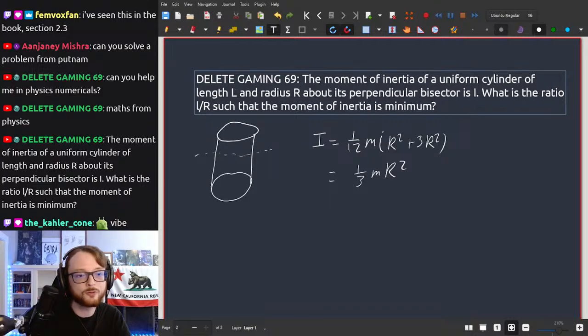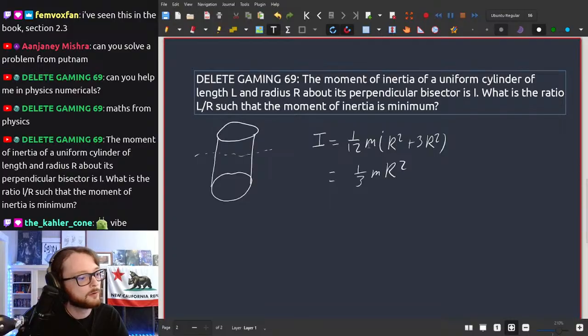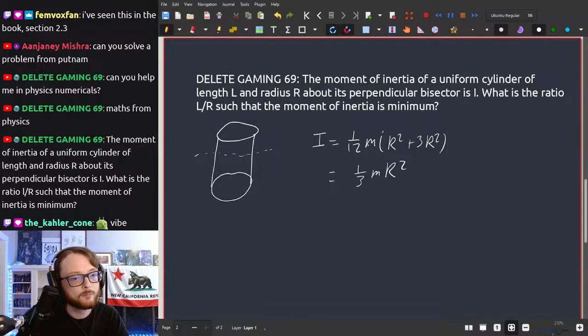So actually this question doesn't make sense unless we have length L. I thought they were both length R. But yet, Delete Gaming, can you confirm that this is what the question should say? Because I don't want to solve the wrong question.